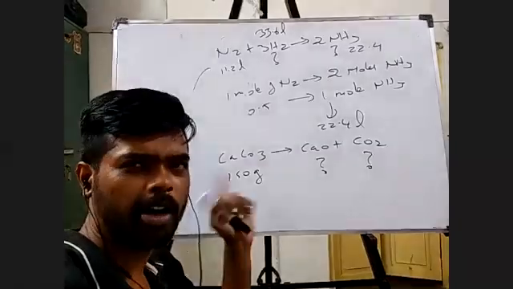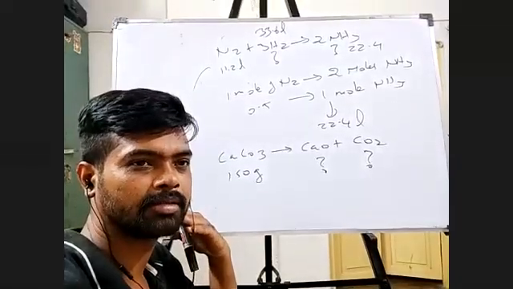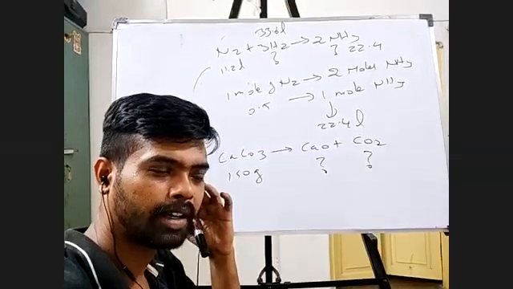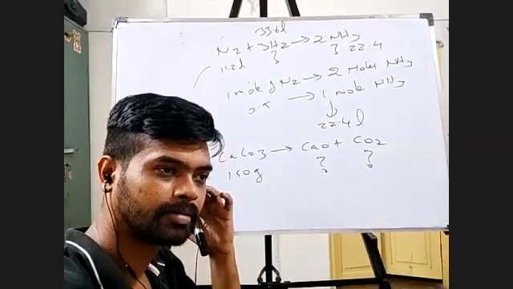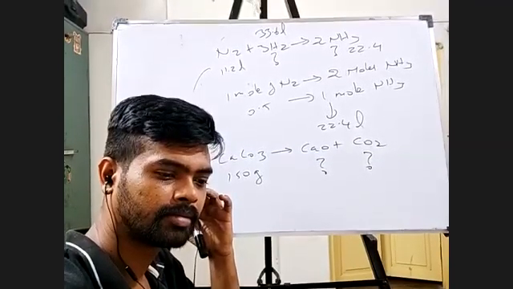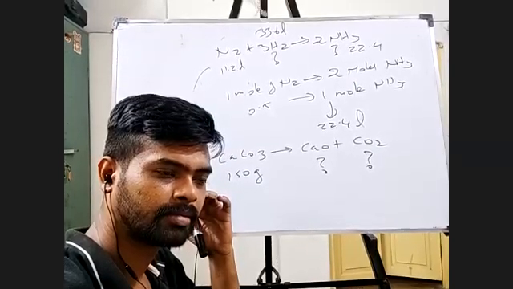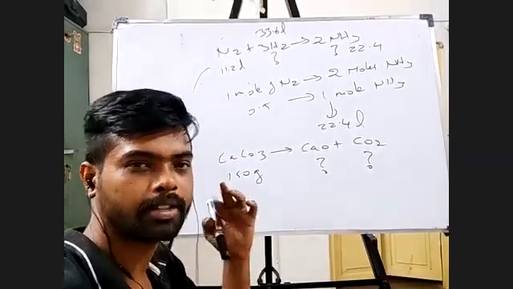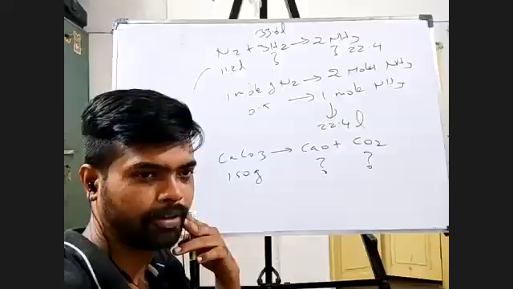0.62. What is the molecular mass of CaCO3? What did you find it to be? What is the atomic mass of calcium? 40, right?